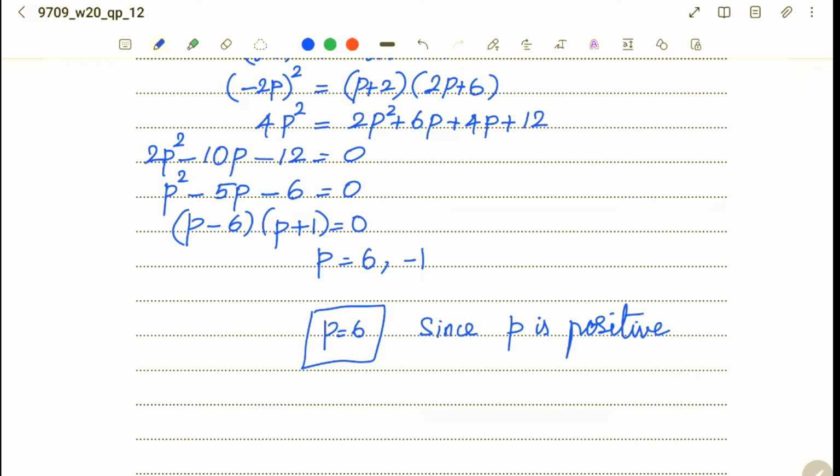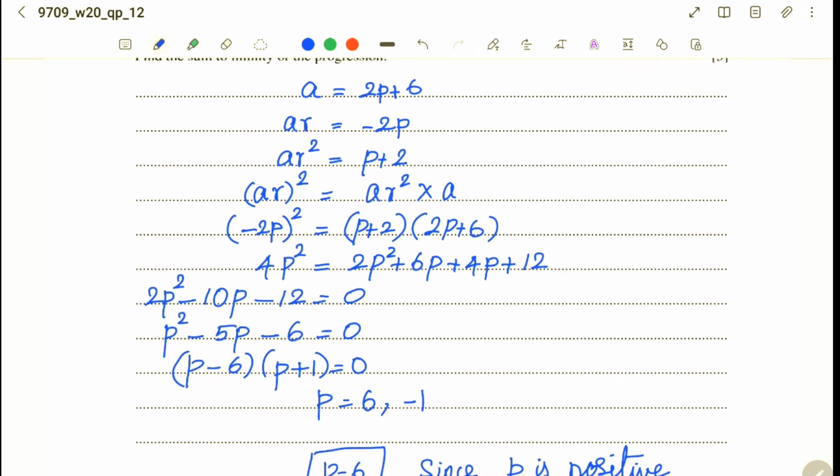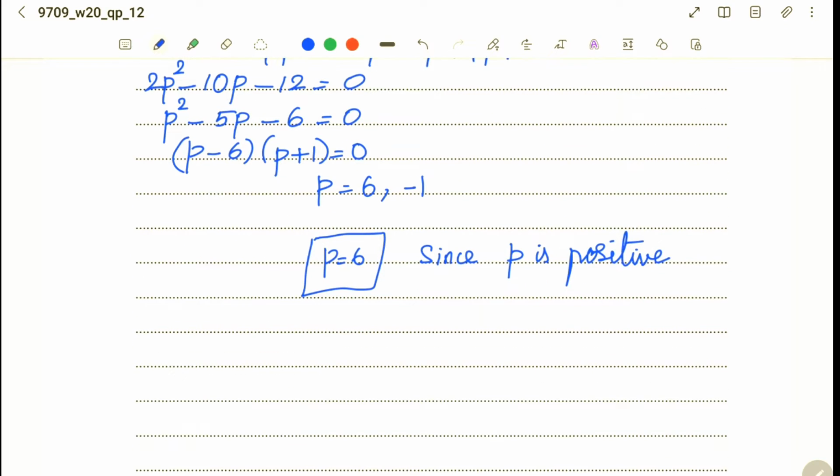Okay, now we know the value of p. Using that, calculate the values of a and r. We know a is equal to 2p + 6. So a is equal to 2 times 6 plus 6, 12 plus 6 is 18.